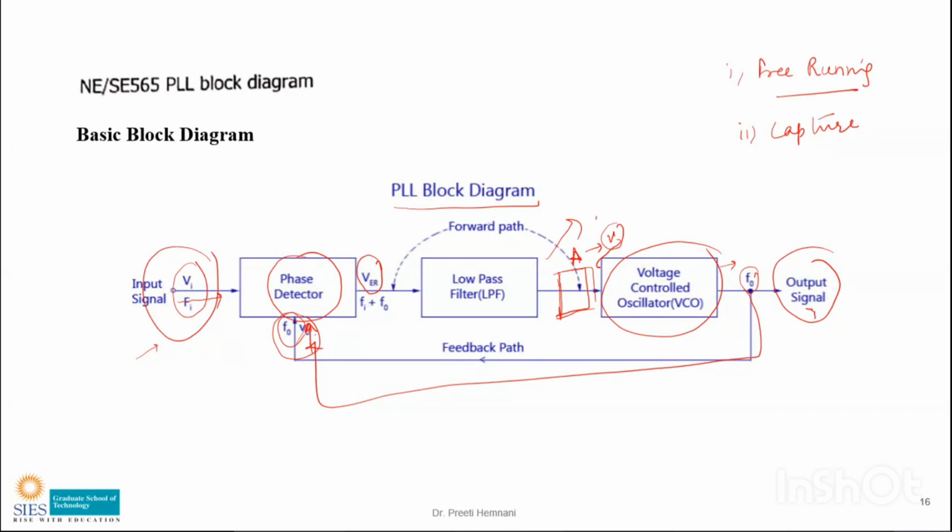In the capture range, the frequency of the input and the frequency of the output signal are compared by the phase detector, and the feedback is done such that it starts adjusting to the input. It brings the output closer to fs, that is the capture range. And the third one is when f naught becomes equal to fs, that is called the lock range, the phase lock range.